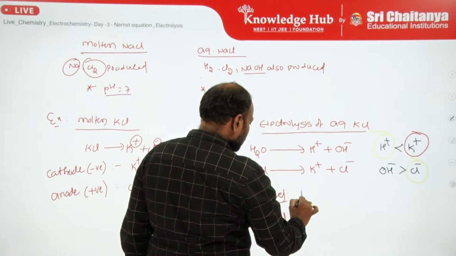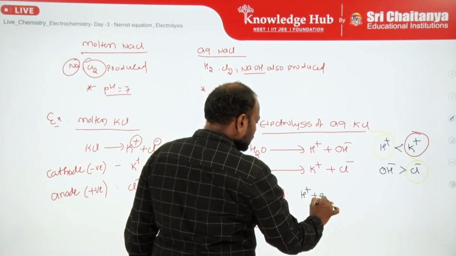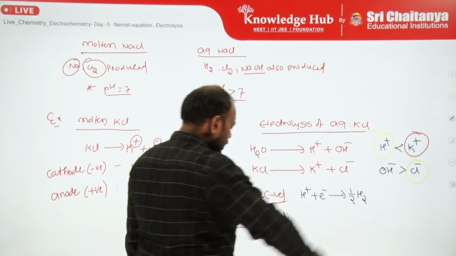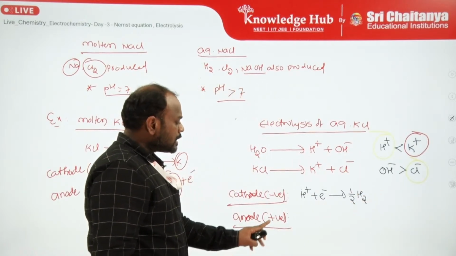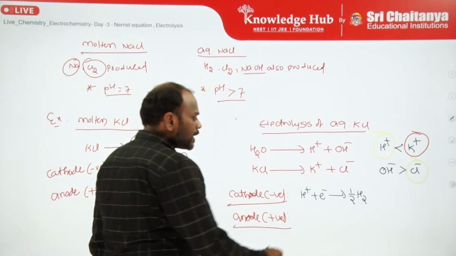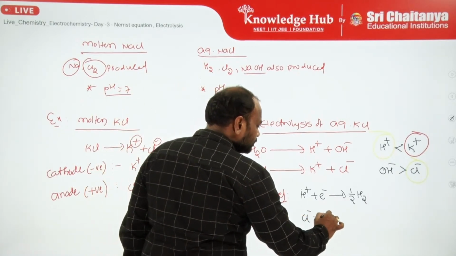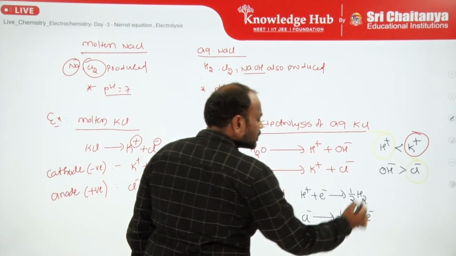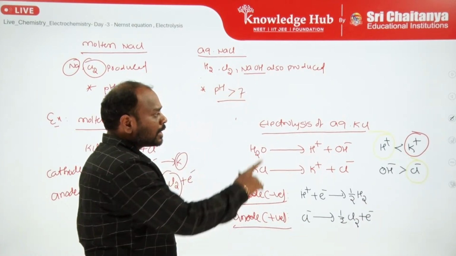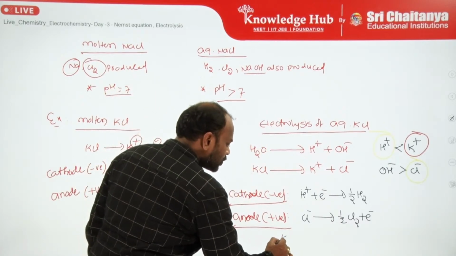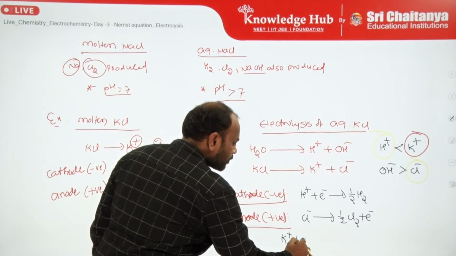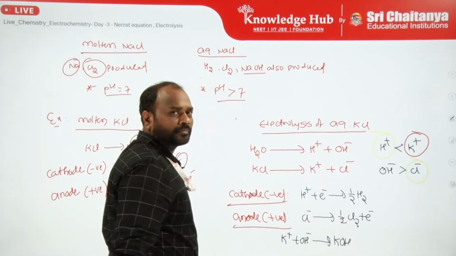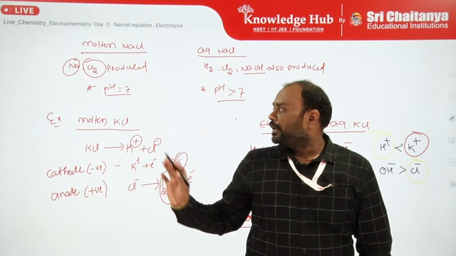H plus gains the electron, then produces half H2. Anode is the positive charge, so which ion is migrated? Cl minus, giving half Cl2 plus an electron. What are the leftover things? K plus and OH minus are left over. We get KOH. In this way we get the questions.